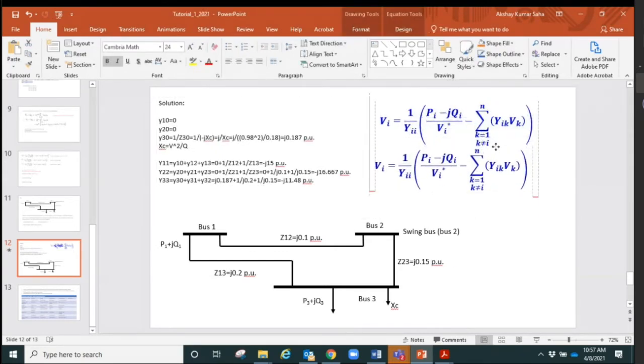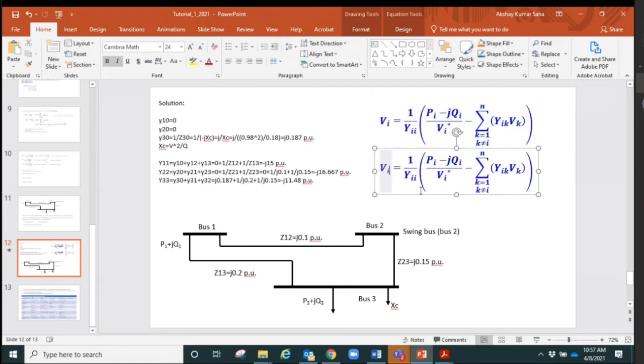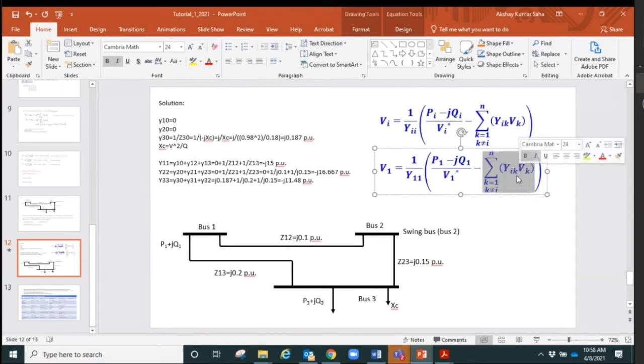So if we expand this equation for i equal to 1, we get V1 equals (1/Y11) times (P1 minus jQ1 over V1 conjugate minus the sum of Y1k Vk).